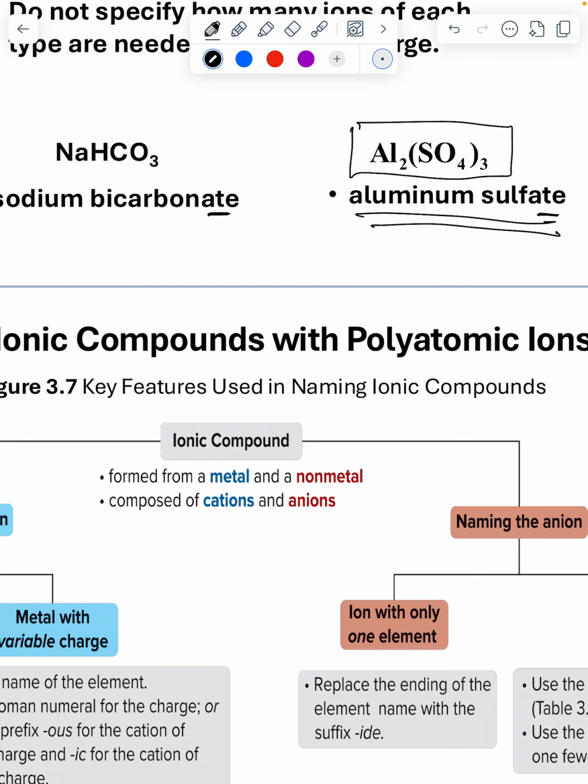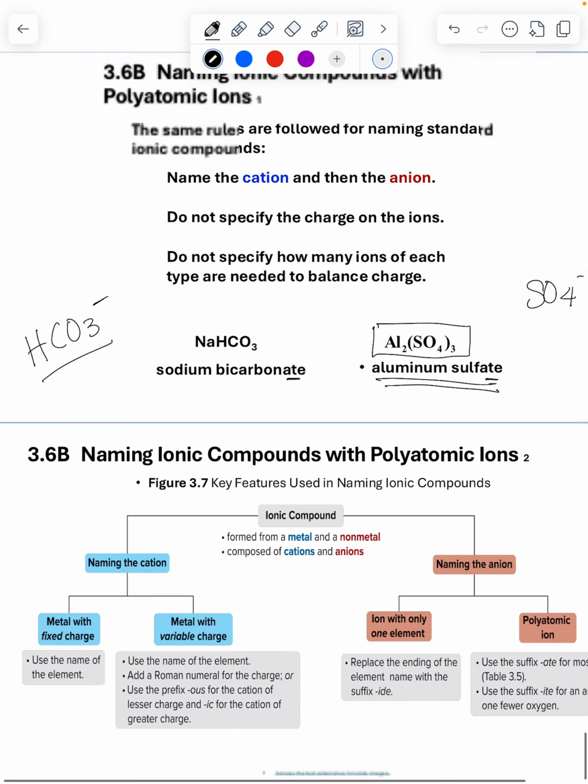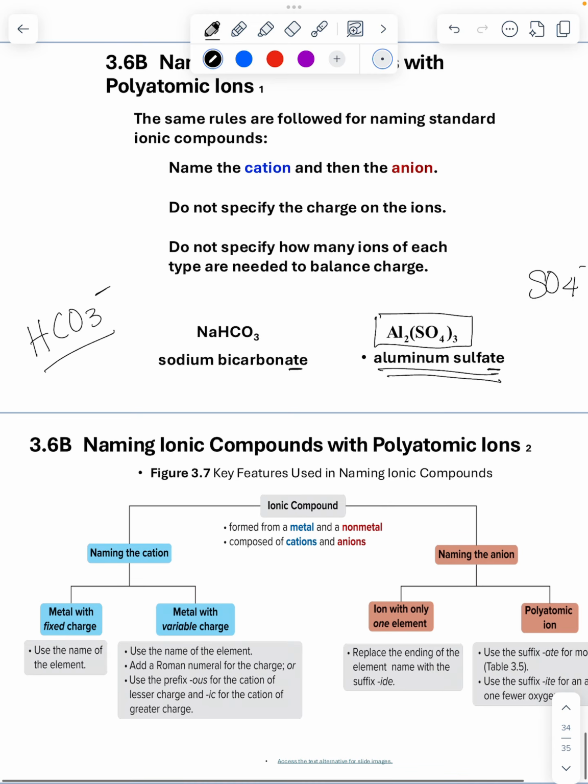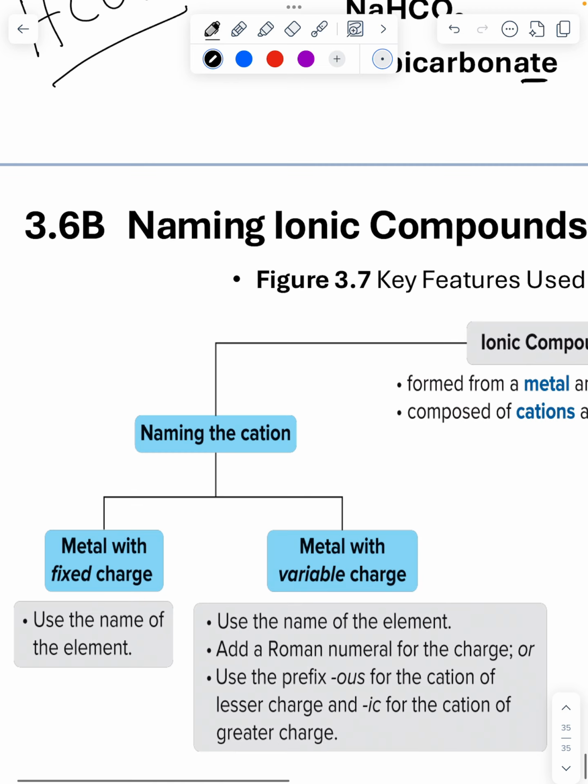This blue side is focused on naming the cation. If it has a fixed charge, then you use the name of the element that it came from. If it has a variable charge, if there's more than one charge, then you use the name of the element along with Roman numerals to tell what the charge is for that particular ion.